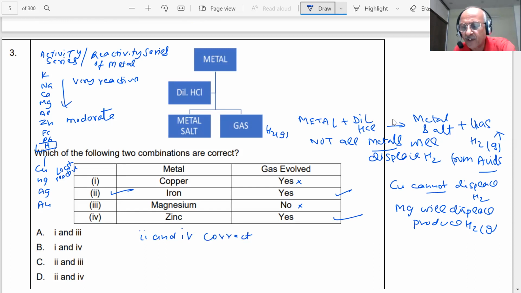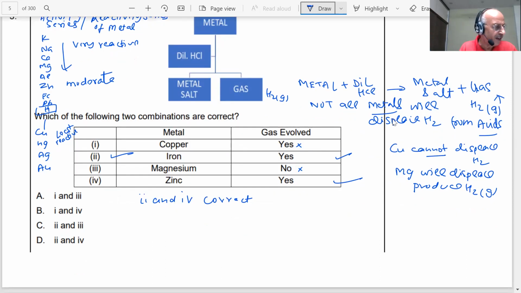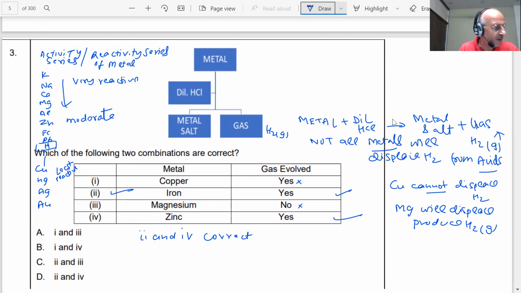So what should be our answer, student? Where are number 2 and number 4? This is not the right answer. 2 and 4, this D is the right answer. So our answer is D. Both iron and zinc can displace or produce hydrogen gas.